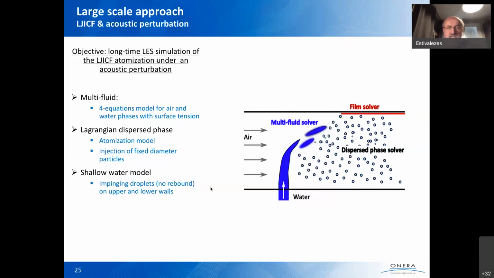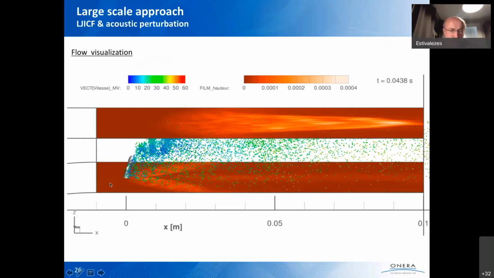It is an unsteady configuration. So you can see here the bulk phase, then here the droplets, and here in orange, from light orange to dark orange, you can see the formation of the film. Okay. So this is a snapshot, an instantaneous picture of the simulation.